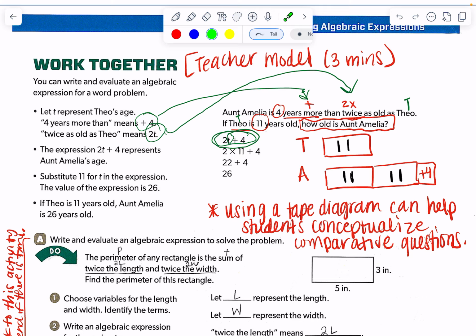They tell us that Theo is 11, so I plugged in this 11 for Theo. Because this tape diagram matches this one and this one, I've filled them in with 11s as well. And then added that 4. So 11 plus 4 gives me the same 26.